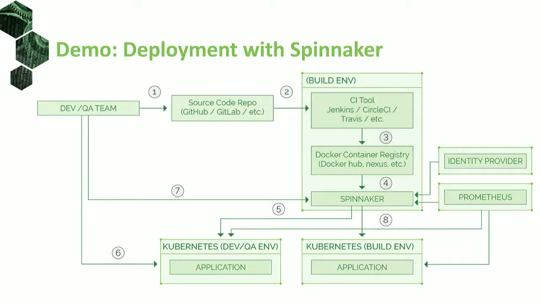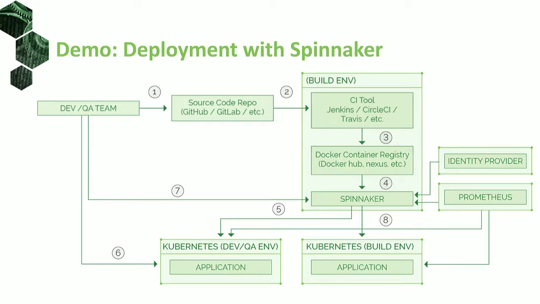And let me quickly show you how deployment with Spinnaker is usually done. As you can see here, we have a development and QA team. Developers update the source code, so they push their commits to the repository. Those changes are picked up by a continuous integration tool like Jenkins, CircleCI, Travis, or whatever tool you use.